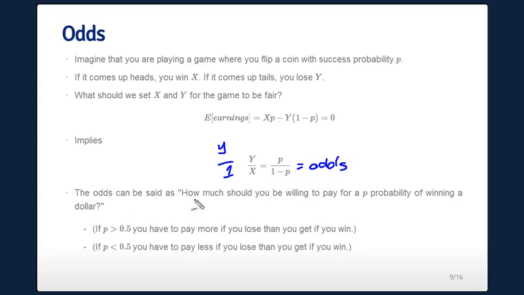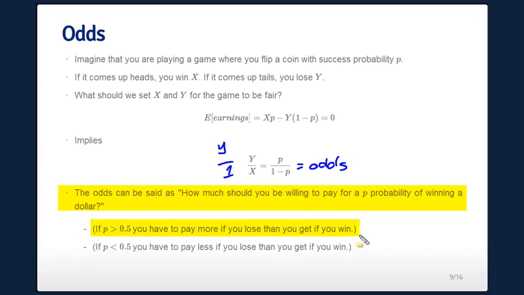So the odds can be described as how much you would be willing to pay for a probability P of winning $1, or how much more or less you would be willing to pay in order to win $1 given this particular game.